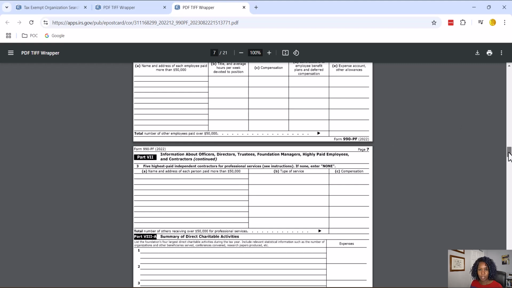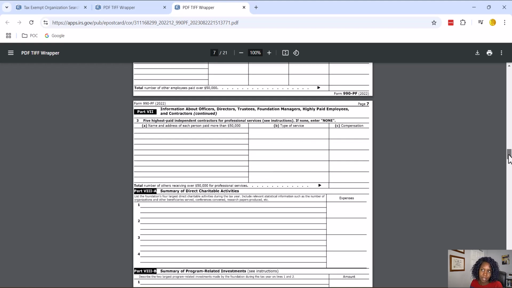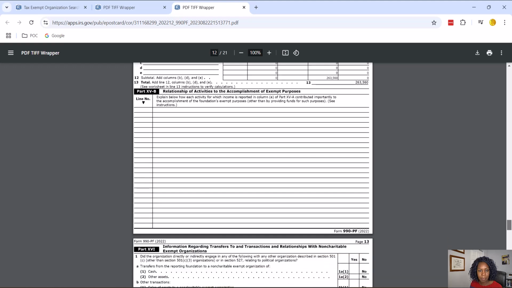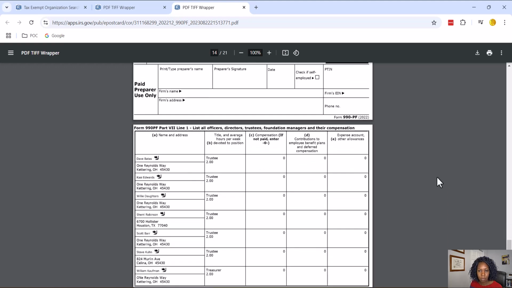Focus on the officers, the board of directors. Just like with the list of organizations who have received funding, which is in the appendix section, so is part 7. So let's find that in the appendix section. Where is it? There it is. Went right past it.